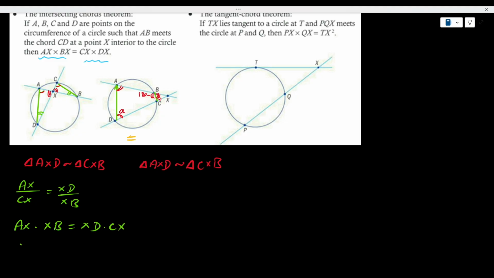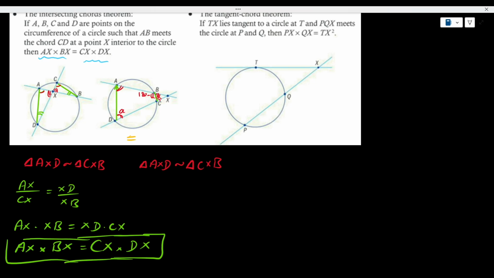And if you rearrange, it's the same result here: AX times BX will be equal to CX times DX. So this result, whether you use internally intersecting chords or externally, you can use it. Only you need to choose the correct triangle.